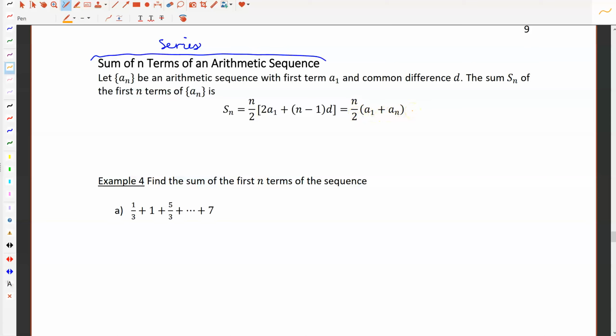All right, so there's a lot going on here. This version of the formula relies on knowing the first term, and we know our common difference d.